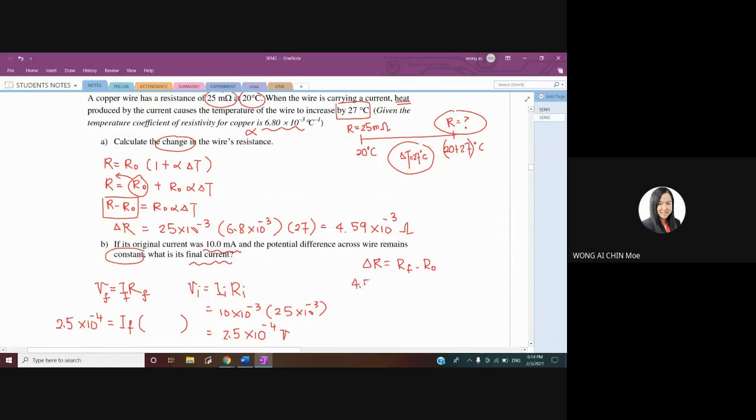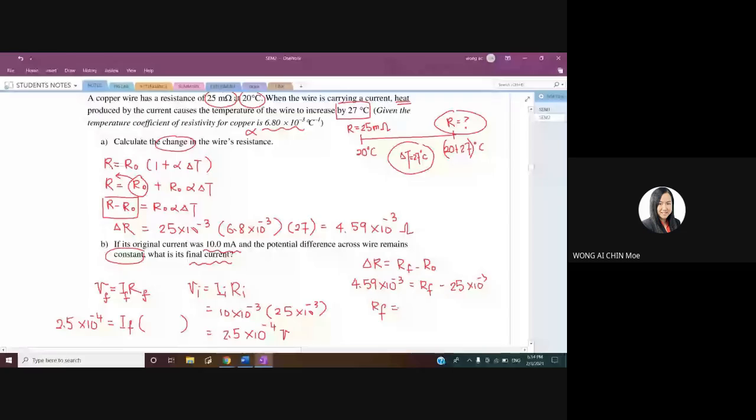We calculated 4.59 times 10 to the power of negative 3, and R final we don't know, but R initial is 25 milliohm. So R final is equal to 4.59 times 10 to the power of negative 3 plus 25 milliohm, so R final is 2.96 times 10 to the power of negative 2.